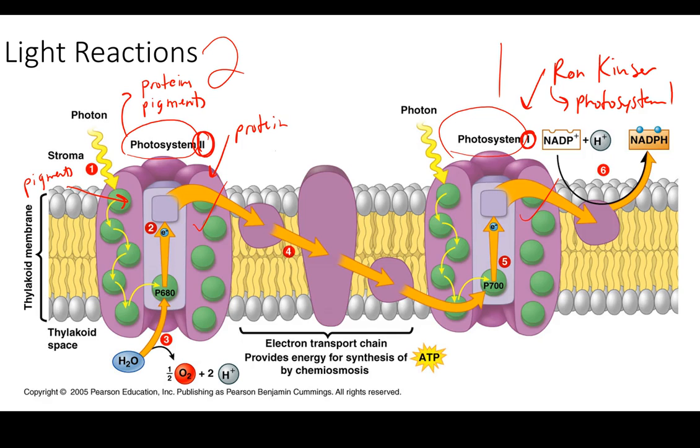Somebody Google Golgi apparatus and tell me who discovered it. Yes. An Italian scientist named, what was his first name? Camillo Golgi. You think Camillo's letting go of Golgi? Probably not. So that's just the way it works. We have to deal with it.